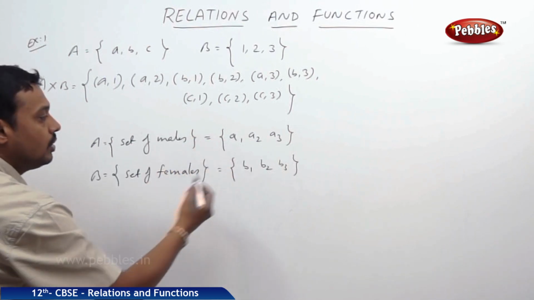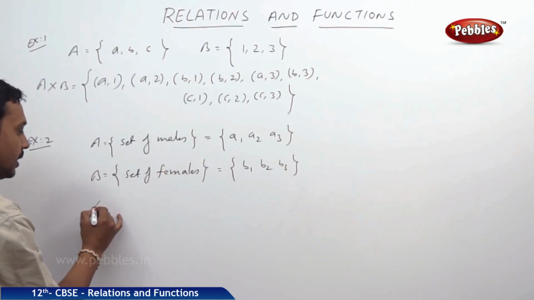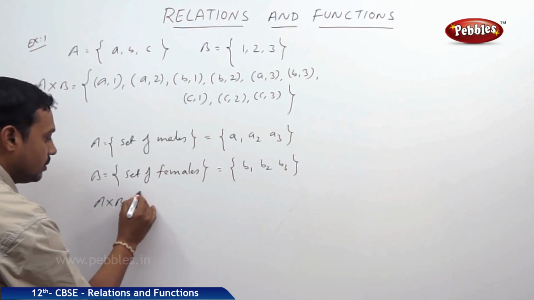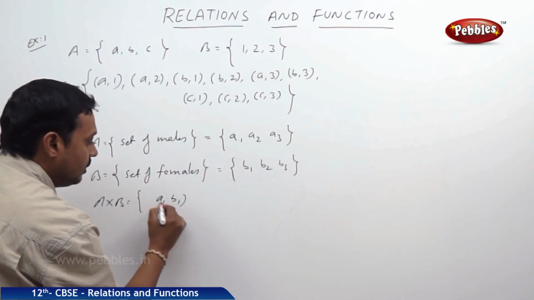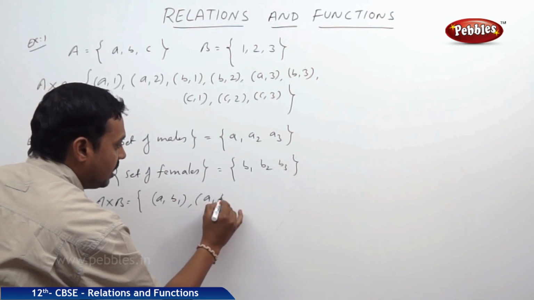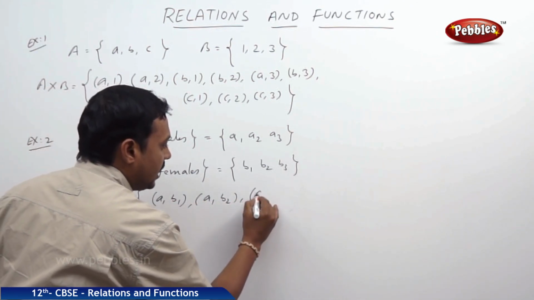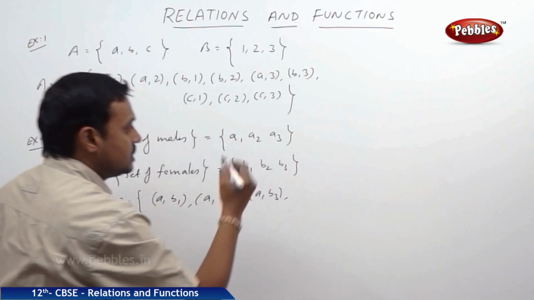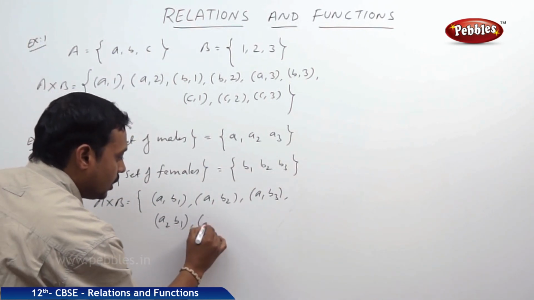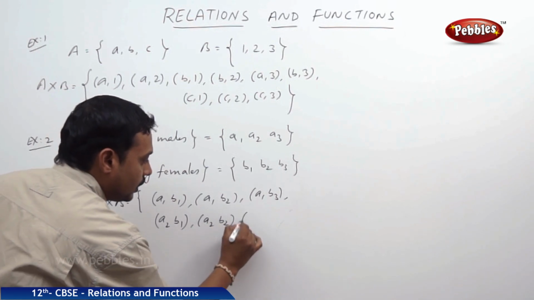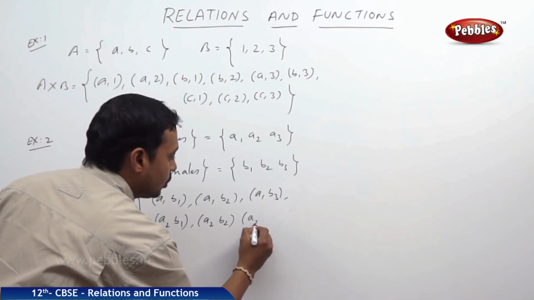Now the possible relations between A and B. A cross B is equal to, the possible ordered pairs are (A1, B1), (A1, B2), (A1, B3) and also (A2, B1), (A2, B2), (A2, B3).